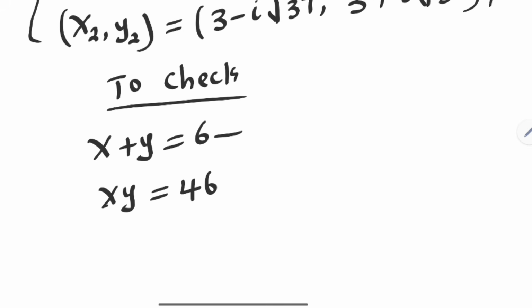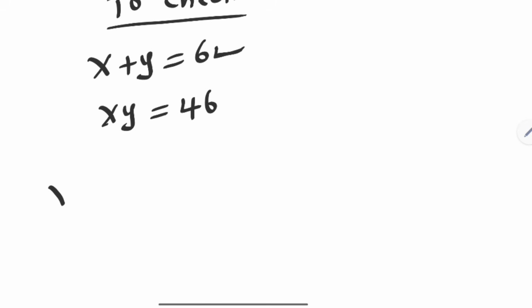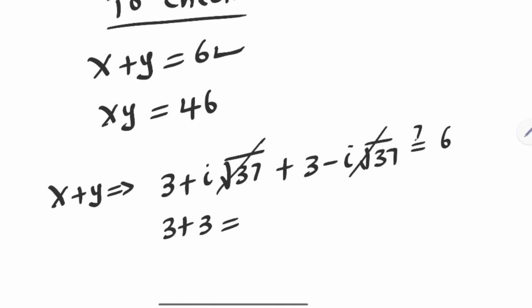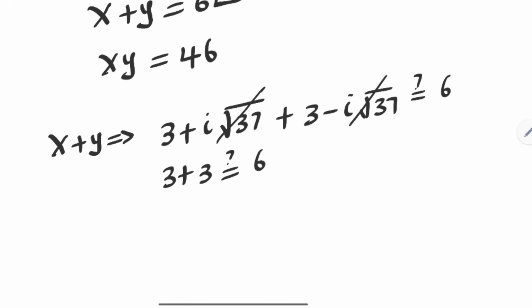Let us consider this. x plus y can be written as 3 plus i square root of 37 plus 3 minus i square root of 37 must be equal to 6. This cancels this. We have 3 plus 3 must be equal to 6. 3 plus 3, this is 6, is equal to 6, which is true.